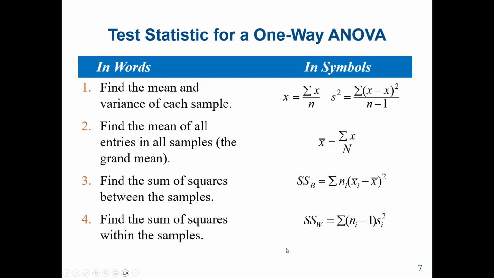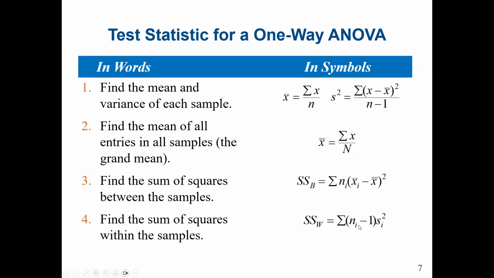So after we find that, we can find the sum of squares within the samples, which is SSW, the sum of each sample size minus 1 times the variance. So again, the subscript i represents the sample number. So if it's 3 samples, then we are going to sum all the 3 samples. Each sample has its variance, each sample has its mean.